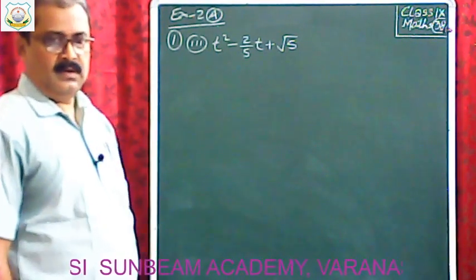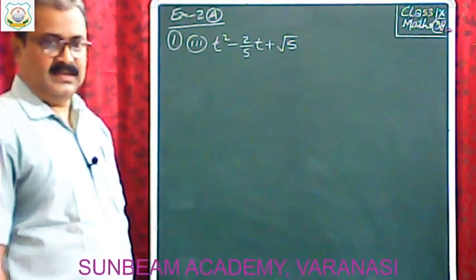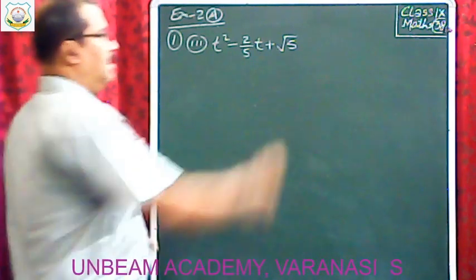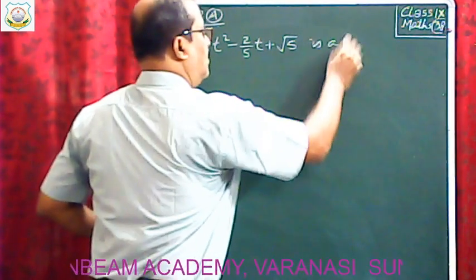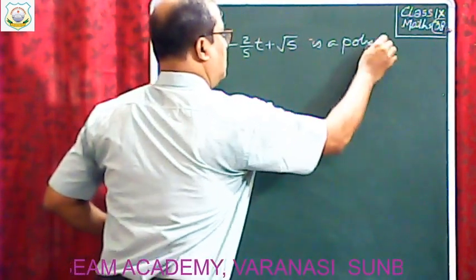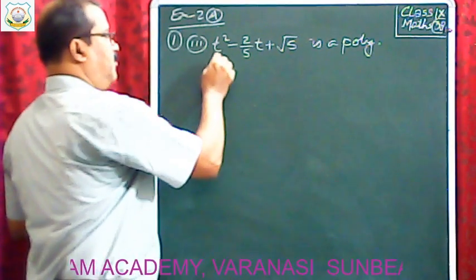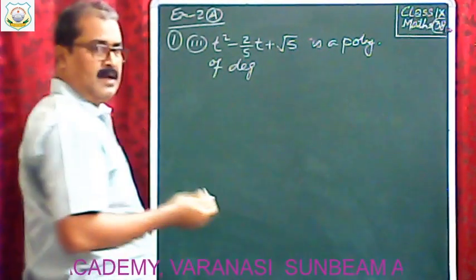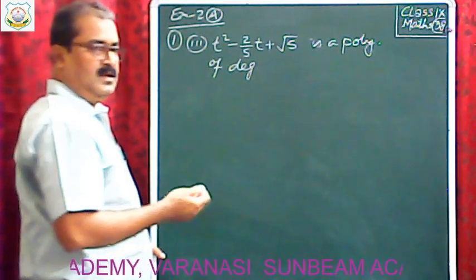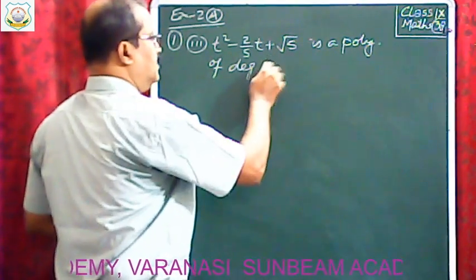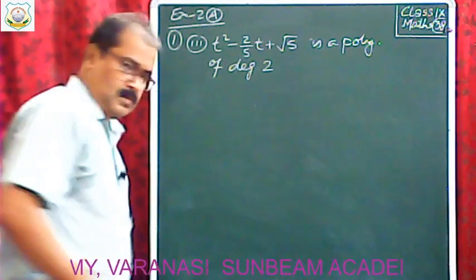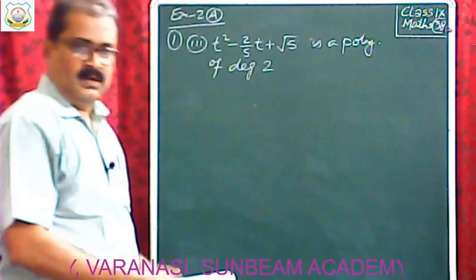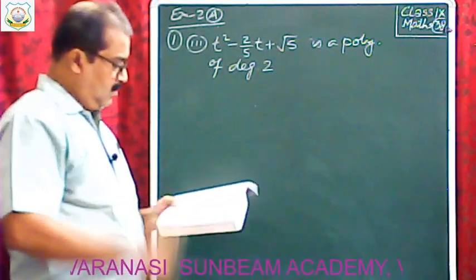The powers are non-negative integers, that's why it is a polynomial. Of degree, the highest power among the terms is the degree of the polynomial, as you know, that is 2. Clear? In this way you have to write: is a polynomial of degree whatever.